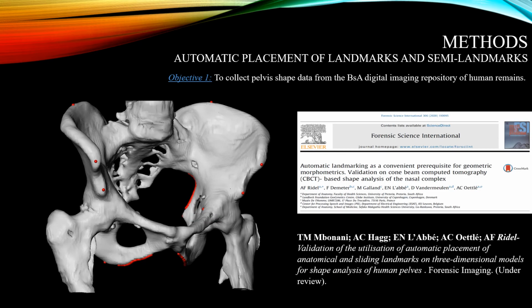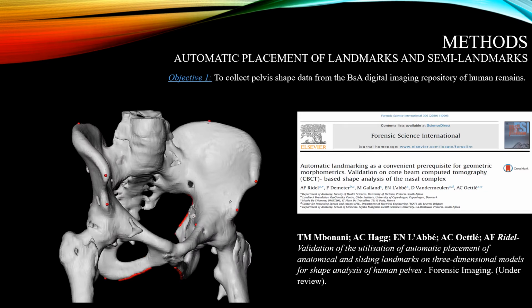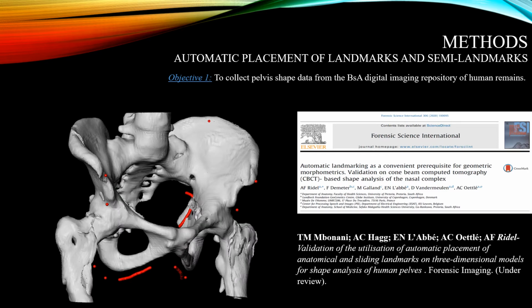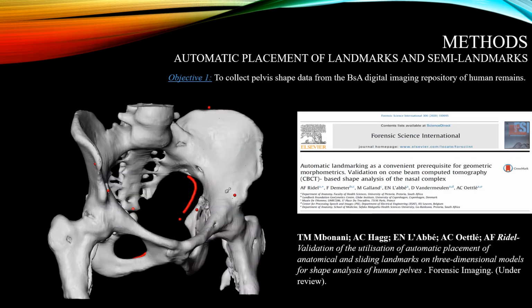The automatic placement of landmarks and semi-landmarks approach used in this research is adapted from our recently published procedure. The basic concept involved a reference template of the anatomical surface of interest, containing a dense set of landmarks and semi-landmarks. First, a reference template will be created using a non-rigid surface registration procedure.